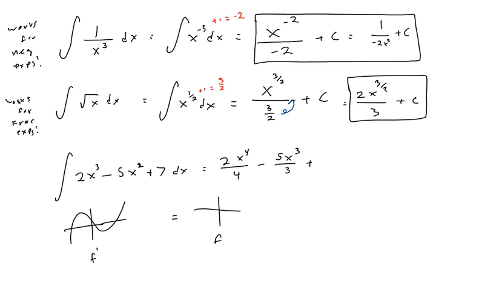Who can I call in to make a guess? Adrian Anguiano. You were in here last. You get to go first. What would the integral of 7 be? Adrian? What do you think? You there, Adrian? Earth to Adrian.